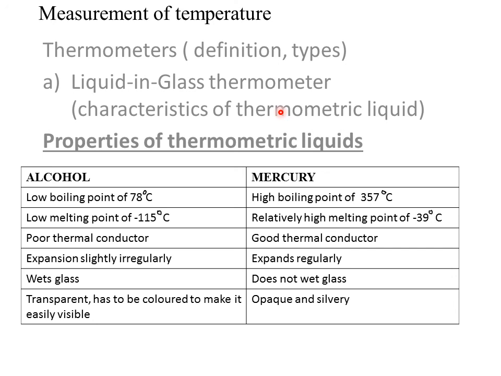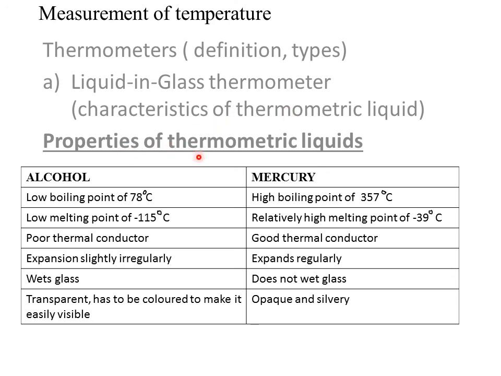Then the fourth one is that the thermometric liquid should be sensitive to small temperature changes, and it should also expand and contract uniformly.